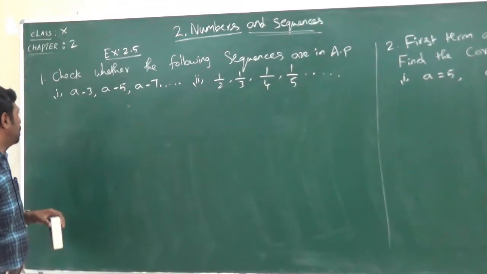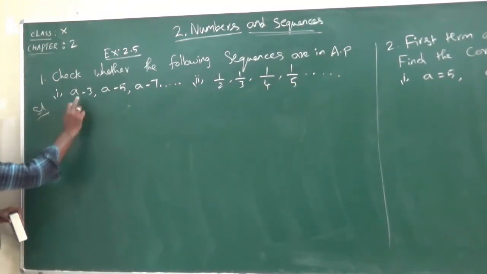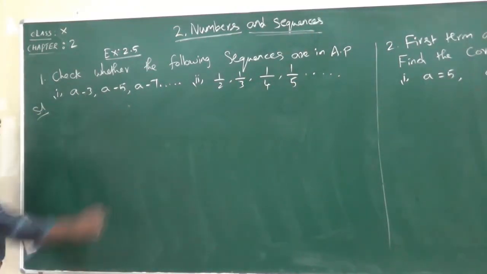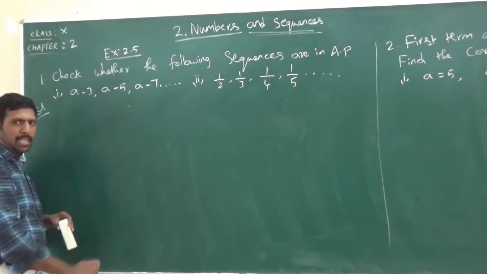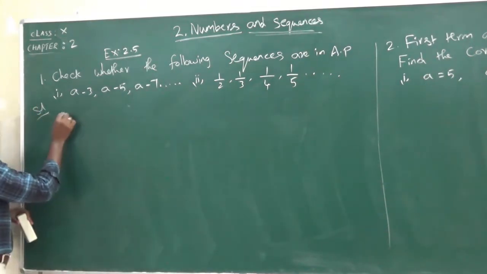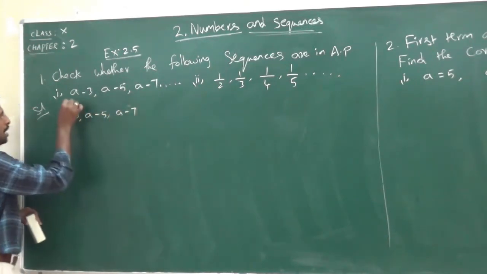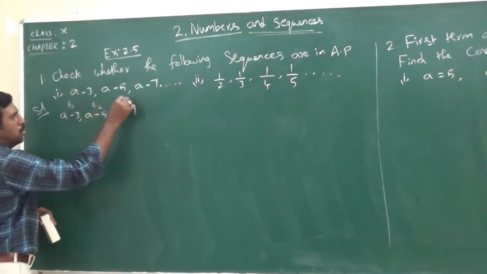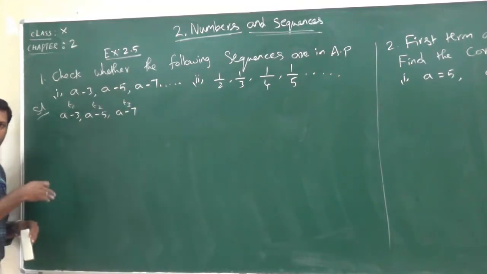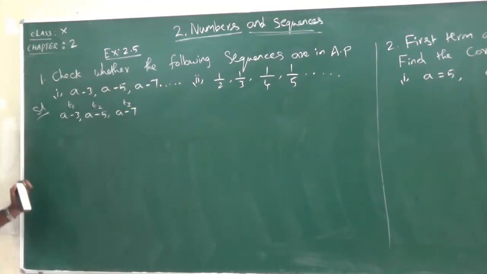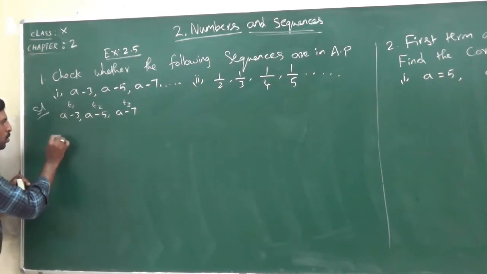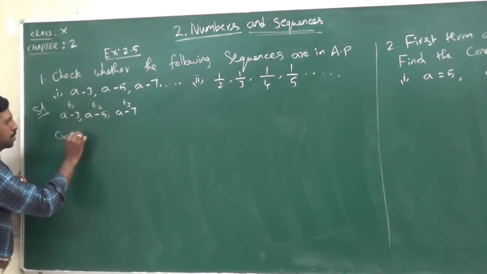Let's see the first Roman numeral. The first term is a minus 3, the second term is a minus 5, and the third term is a minus 7. Let me take these as T1, T2 and T3, term 1, term 2, term 3, first term, second term, third term, whatever, right? Then we want to find the common difference.